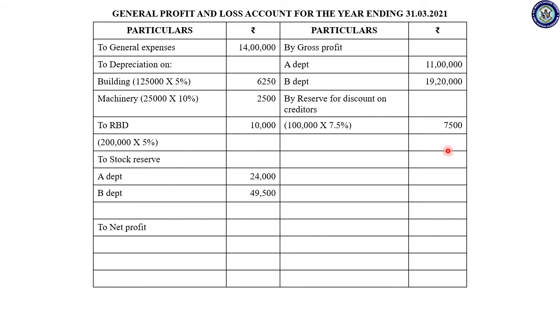Okay, so the difference will be either net profit or net loss. Your credit side is more, so it is net profit. So now you do the total and find the net profit balance.